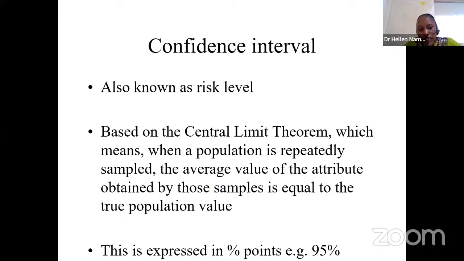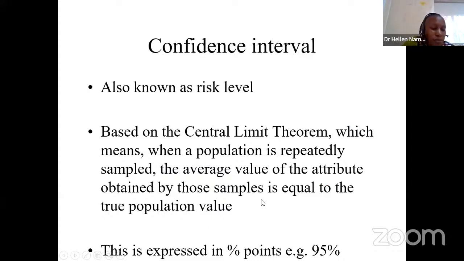So when we are looking at the confidence interval, most of the time this theory is based on the central limit theory, whereby when the population is repeatedly sampled, okay, you sample the first time, you sample the second, you keep on sampling, we assume that the average value of the attributes obtained by those samples is equal to the true population value.